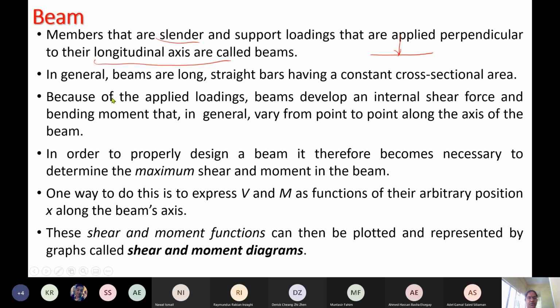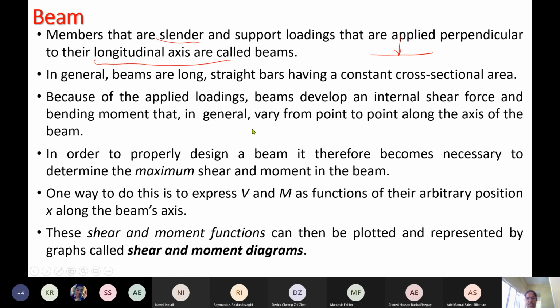If you design a continuous member, one after another, you can change the diameter, keep designing according to the load, according to the stress distribution. Because of the applied loadings, beams develop an internal shear force and bending moment that in general vary from point to point along the axis of the beam.